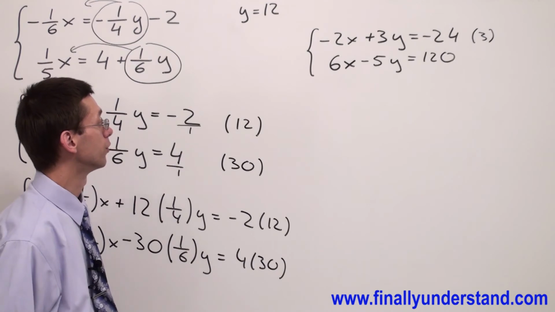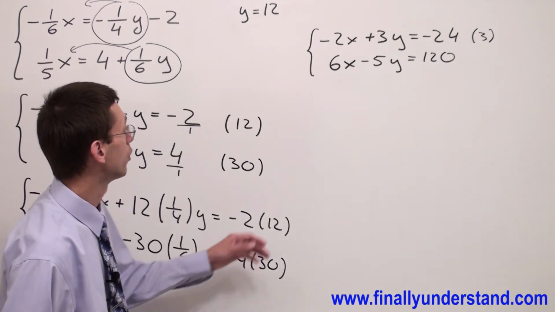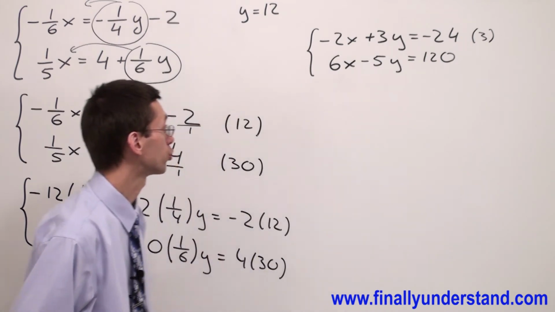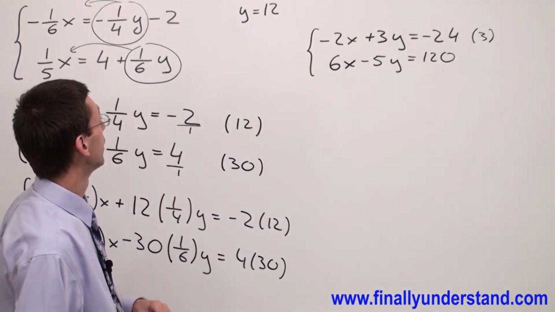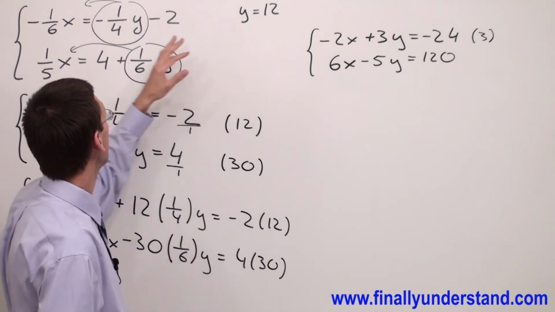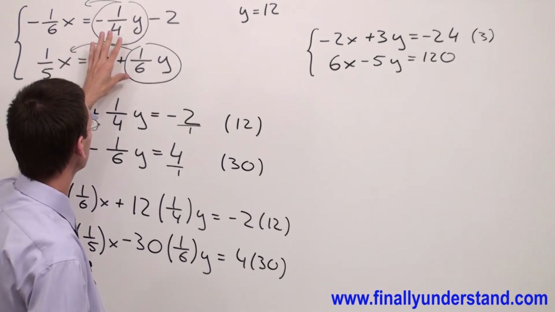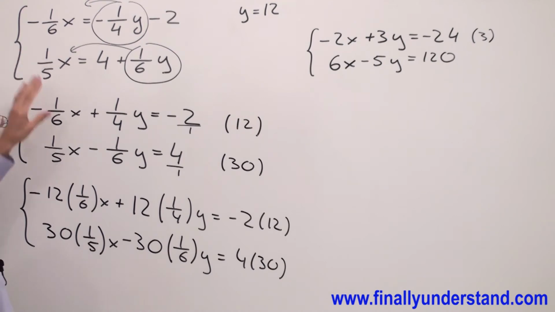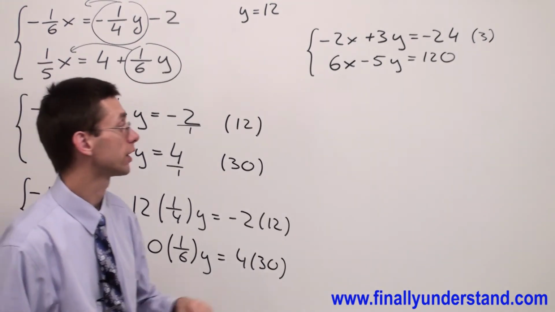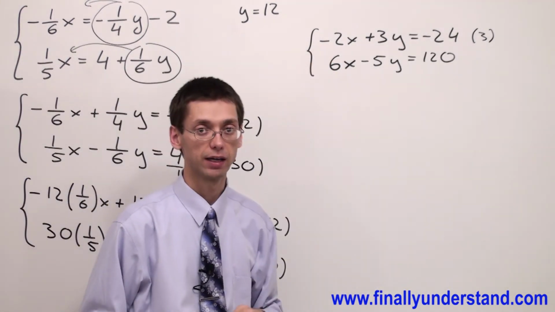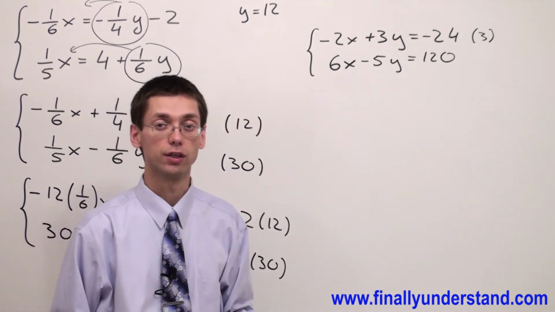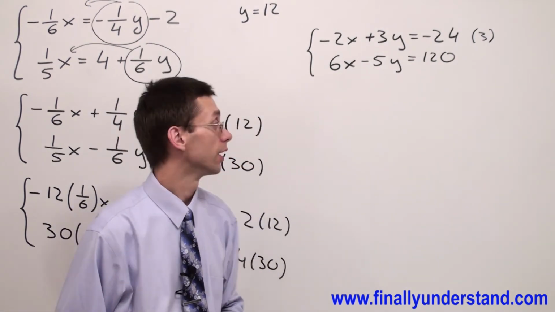In order to find the value of the x coordinate, we're supposed to plug in y into one of the original equations and solve the chosen equation for x, or we can use the simplified equations and also solve the chosen equation for x.